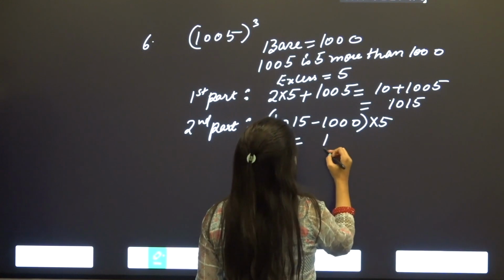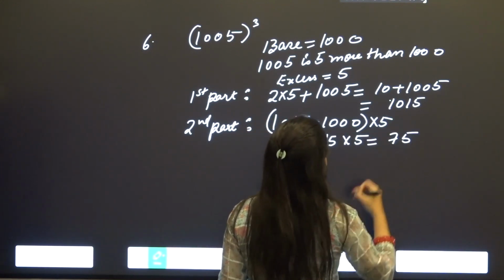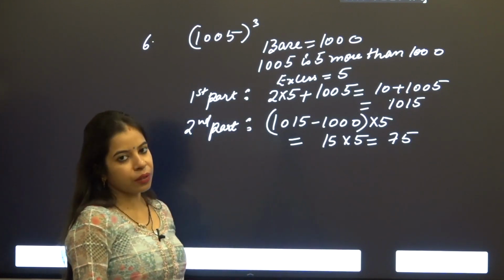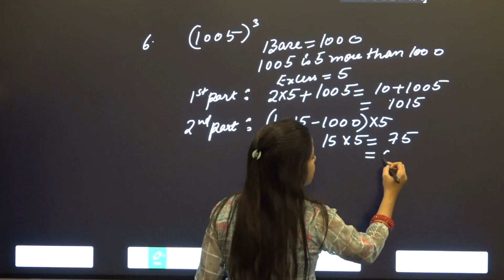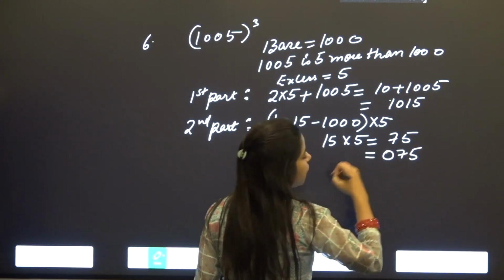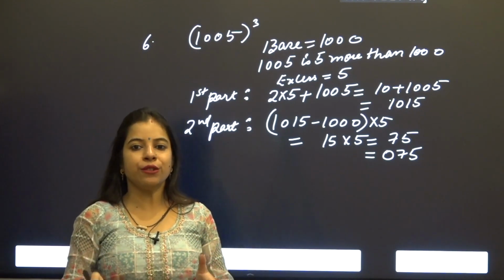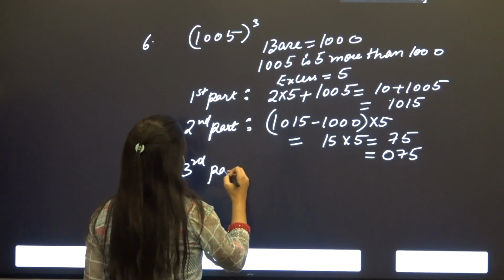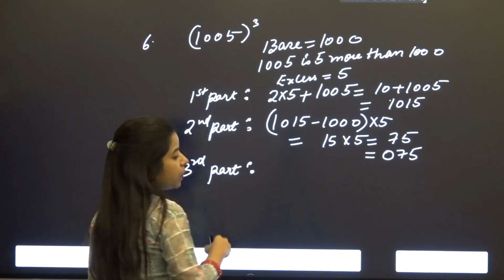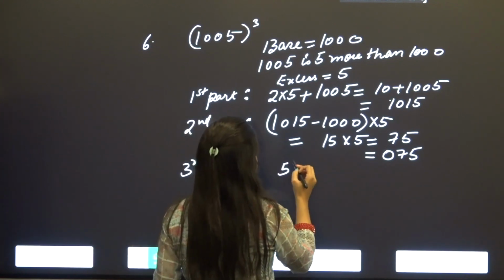So, this is 15 into 5, 75. Now, here the base is 1000. So, instead of 75, we are going to write 075. For the third part, we are going to take the cube of the excess, which is 5 cube, 125.